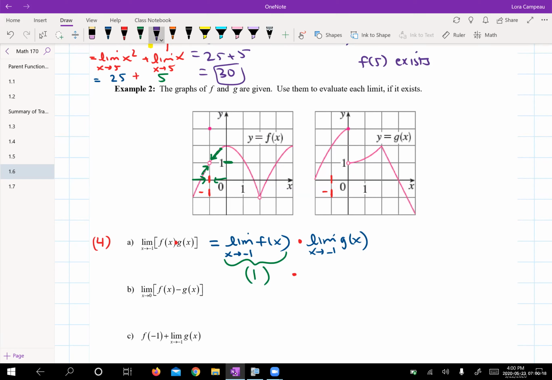And with the g of x, I'll use purple. Again, we're approaching -1 from the left side, a one-sided limit. If we're looking at that, it appears that the y values are approaching this part right here. It should be 2 if we're going to label it. I would label it on the left of it, but I want to use that for drawing purposes.